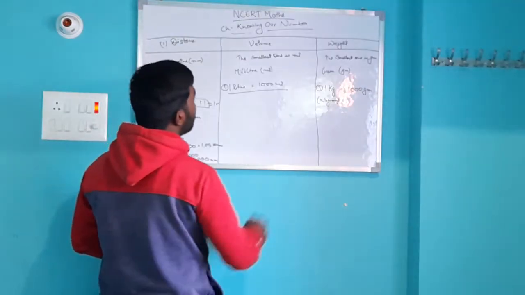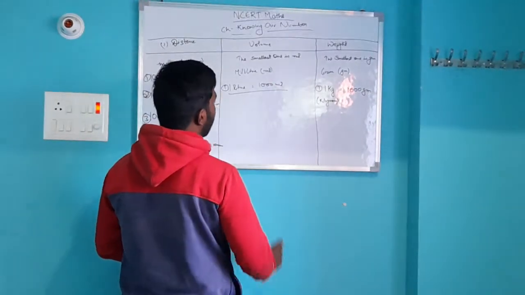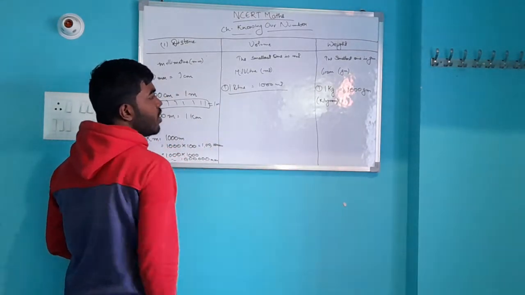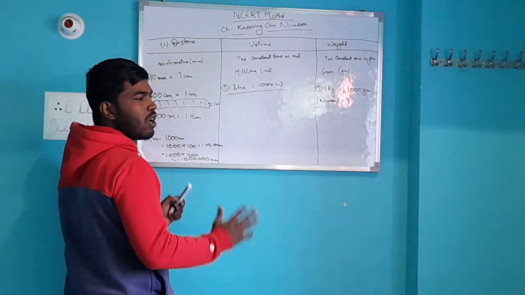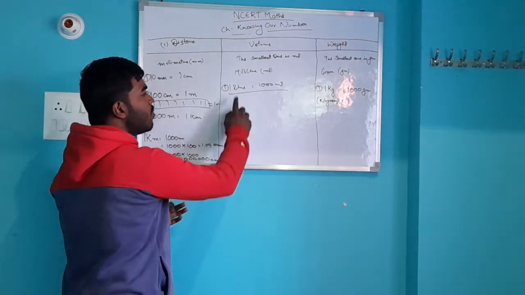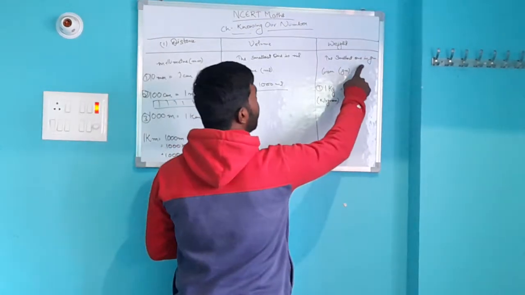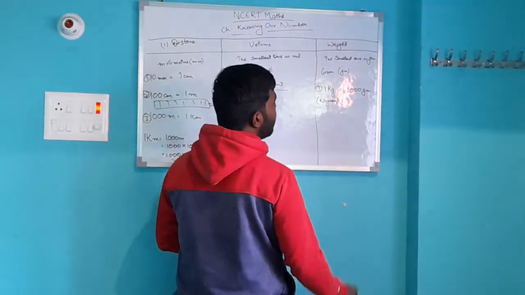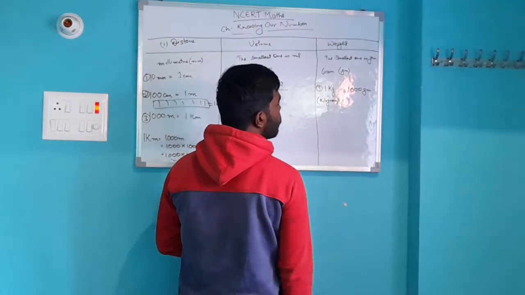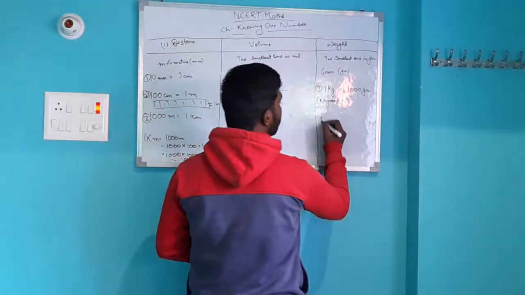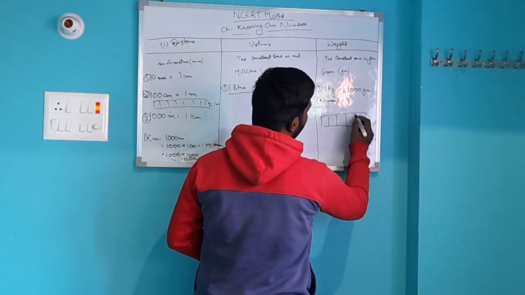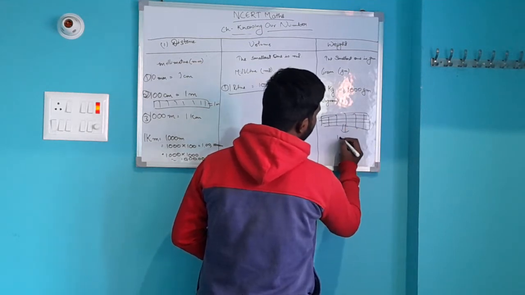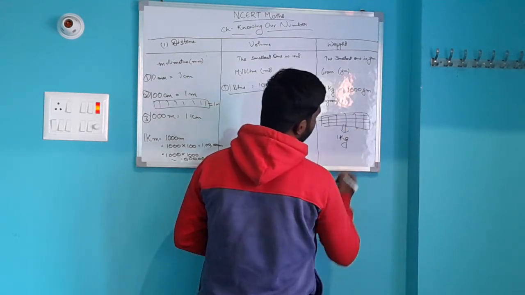Now see volume: the smallest unit is milliliter, and 1000 milliliters equals 1 liter. In weight, the smallest unit is gram, and 1 kg equals 1000 grams. I hope you understand.